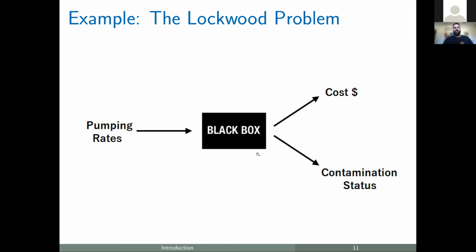And so you could think of this as a constrained optimization problem, because, subject to a given pumping rate, you want to minimize the cost at which you're running the pumps while also satisfying the constraint that you're never contaminating the Yellowstone River.